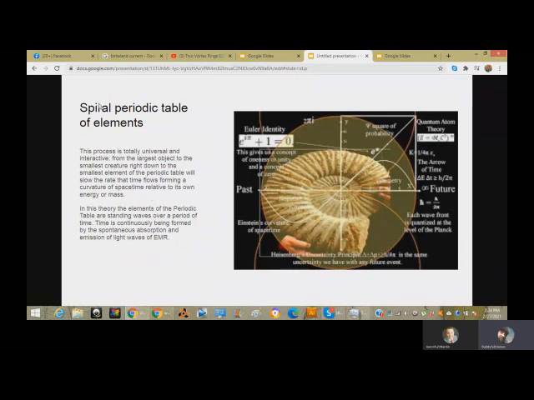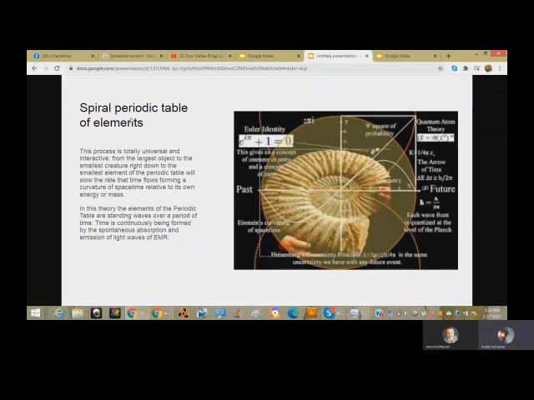Spiral periodic table of elements. This process is totally universal and interactive, from the largest object to the smallest creature, right down to the smallest element of the periodic table, will slow the rate that time flows, forming a curvature of space-time relative to its own energy mass. In this theory, the elements of the periodic table are standing waves over a period of time.